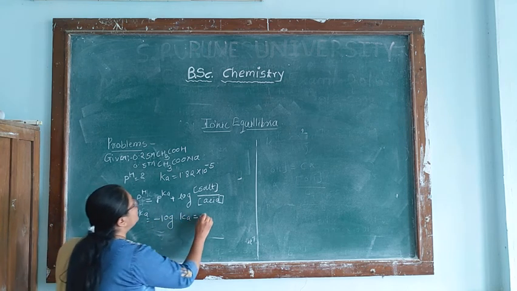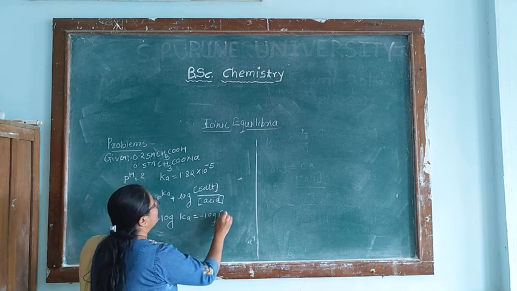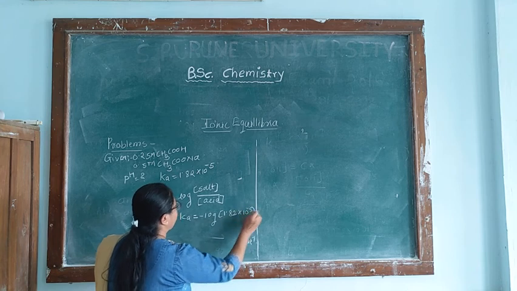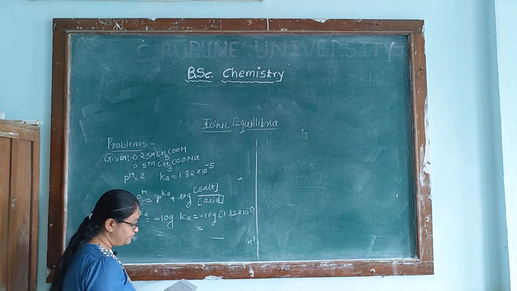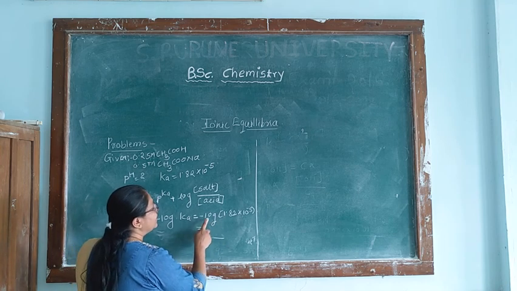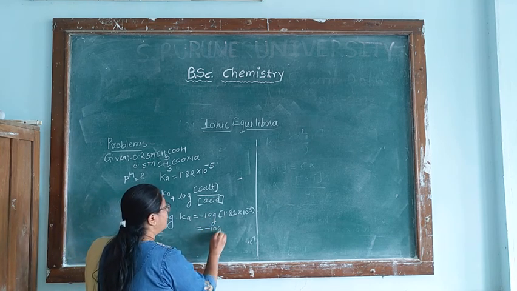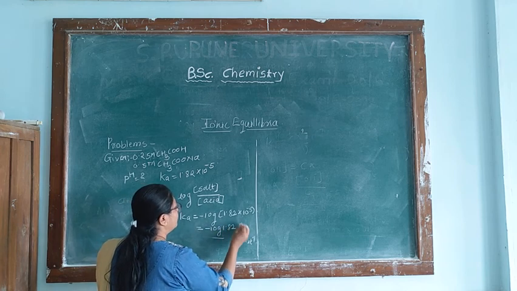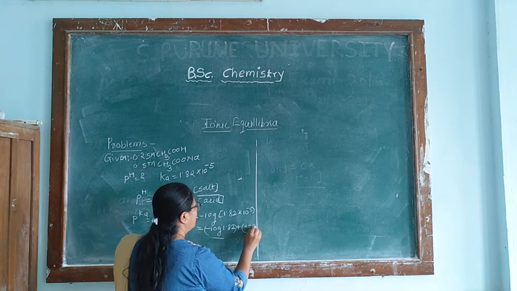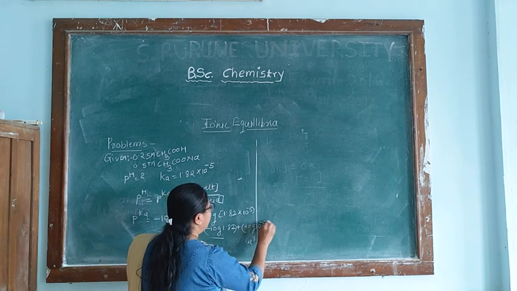So this is equal to minus log of 1.82 into 10 to the power minus 5. To calculate the log, what we can do is minus log of 1.82 plus minus log of 10 to the power minus 5.